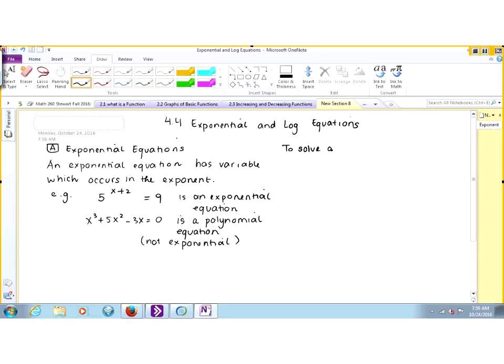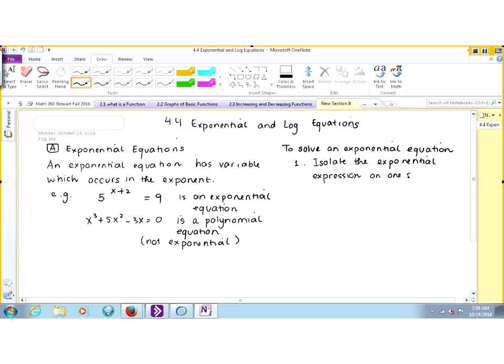To solve an exponential equation, what we do is isolate the exponential expression on one side. Okay, now take logs from both sides.